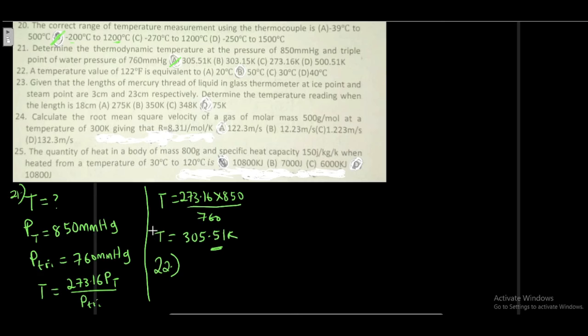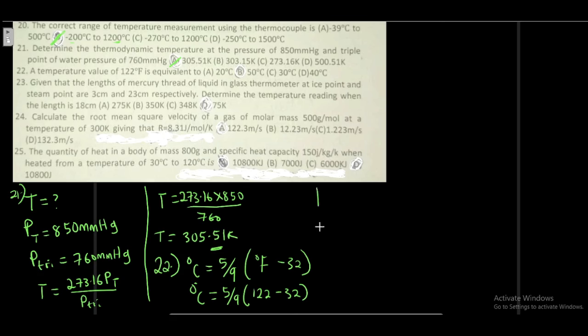To convert from degrees Fahrenheit to degrees Celsius, we use this equation: degrees Celsius is equal to 5 over 9 times degrees Fahrenheit minus 32. We are looking for 122 degrees Fahrenheit in Celsius, so we have 122 minus 32.